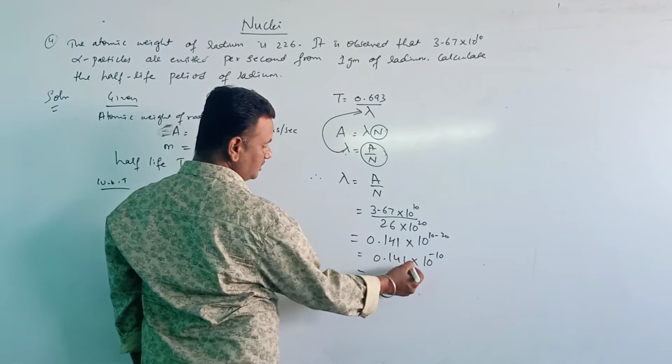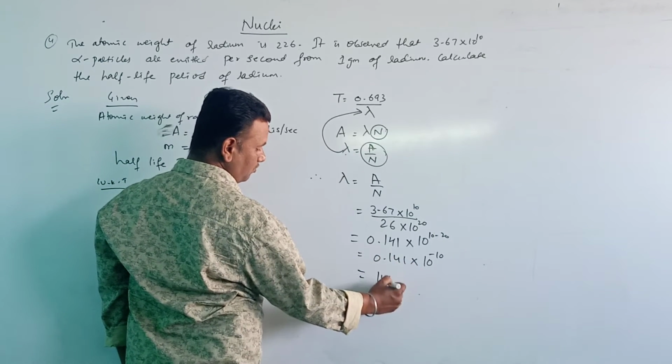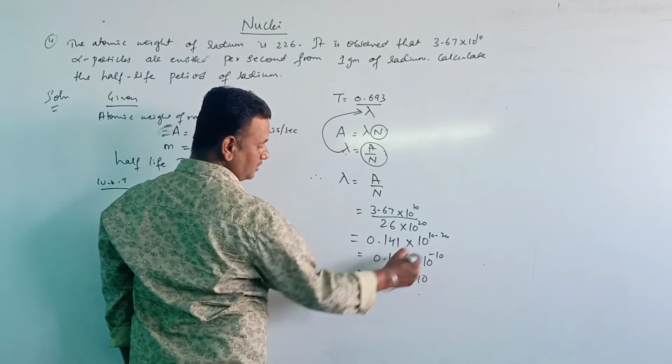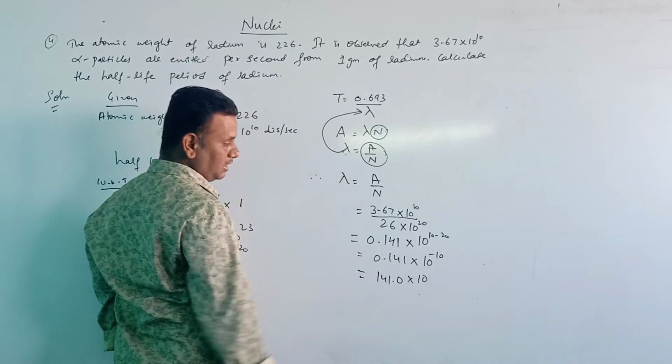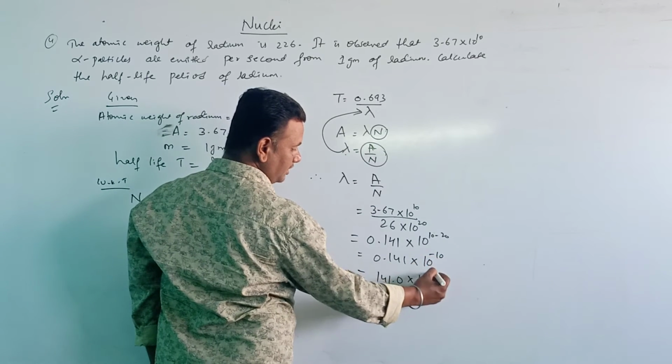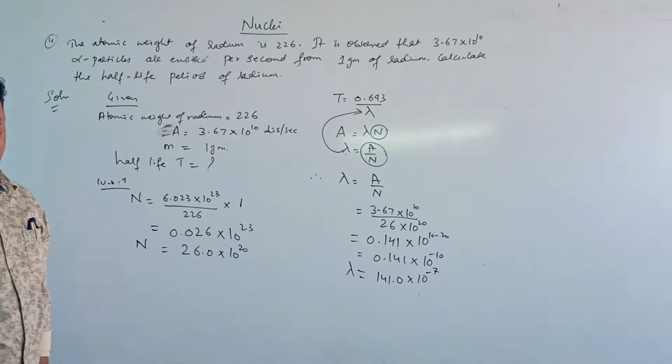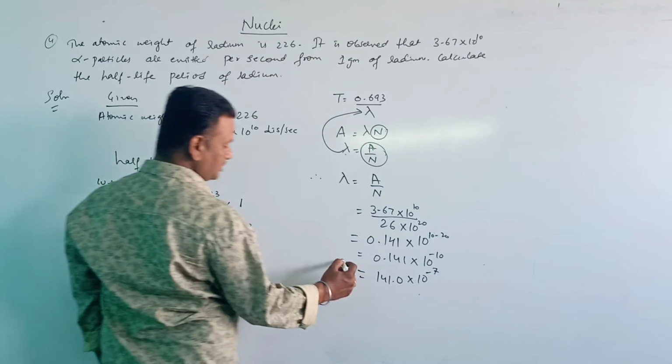If I shift the decimal point three places forward, it is 141.0 into 10 to the power of minus 7. That is our lambda value.